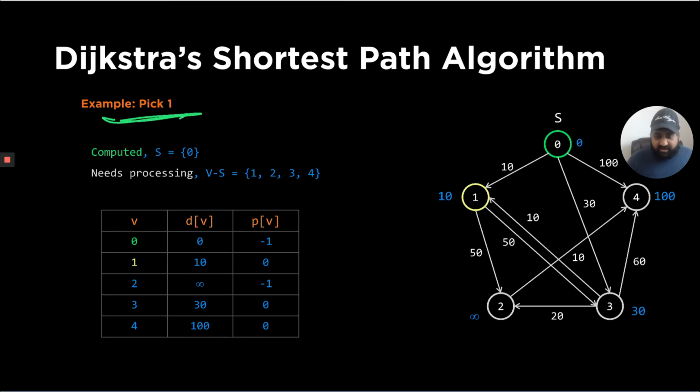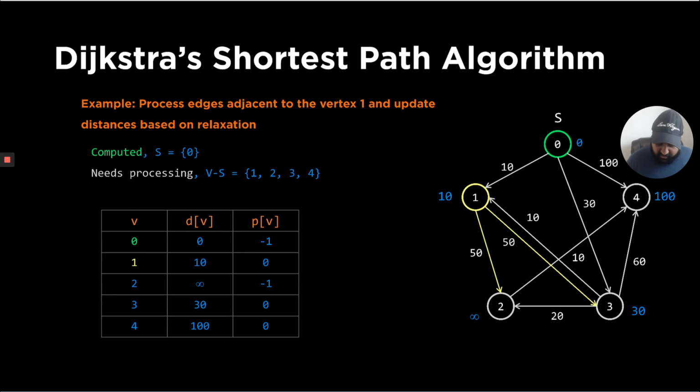We do the same step, which is we find out what its adjacent edges are. So we have this one, then we have this one. So I think we have two of them. Next, we are again going to perform the relaxation, which now won't be on the source, it will be from the current vertex.